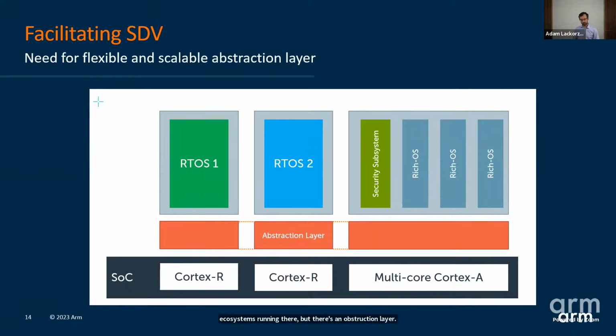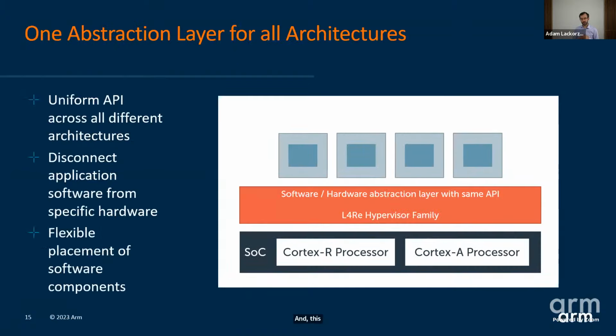This abstraction layer provides a uniform API, which allows us to flexibly put those software components on either of the processors we are seeing there.